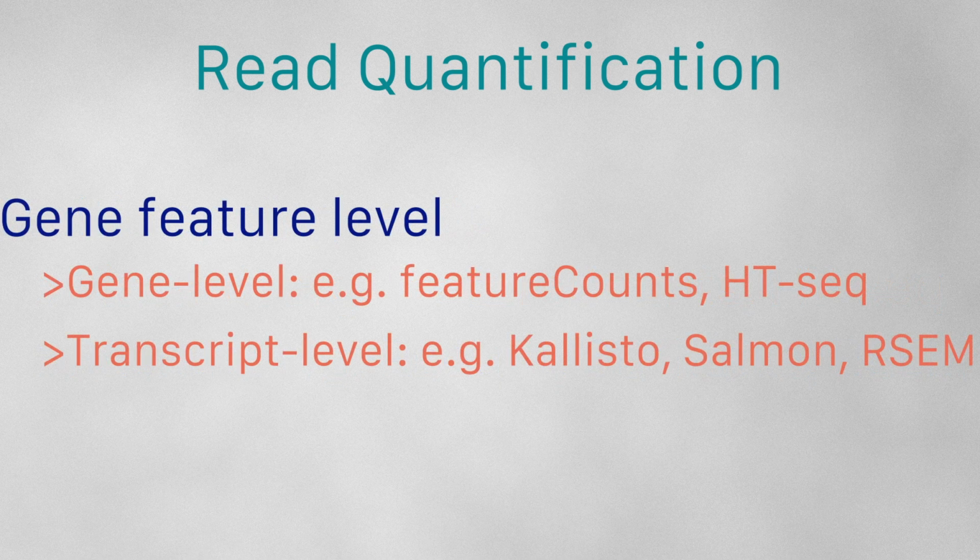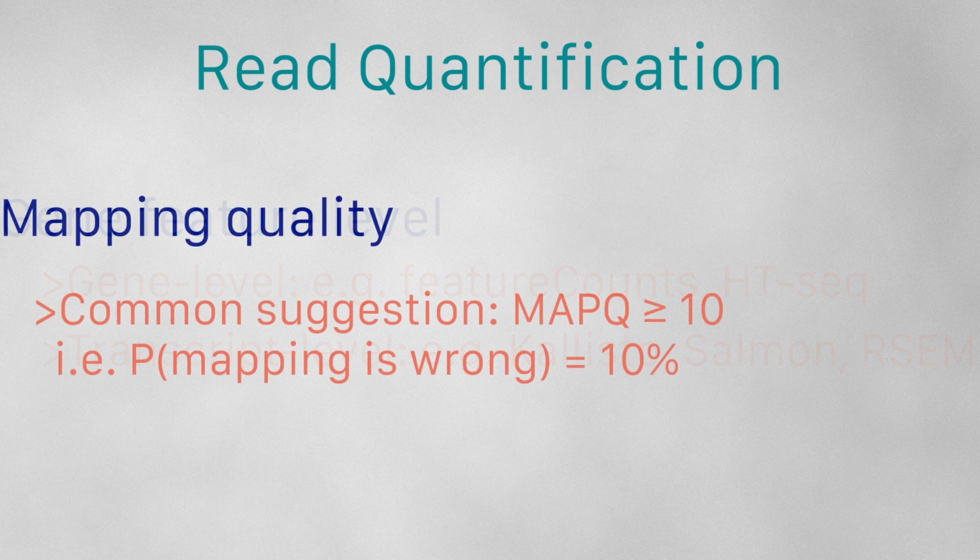In addition, you should also consider whether you would wish to count your reads at the transcript level or at the gene level. And you would also want to incorporate what threshold you wish to use for your mapping quality. Now, most would recommend a mapping quality of at least 10. And again, this depends on the amount of error that you would wish to accept in your experiment.